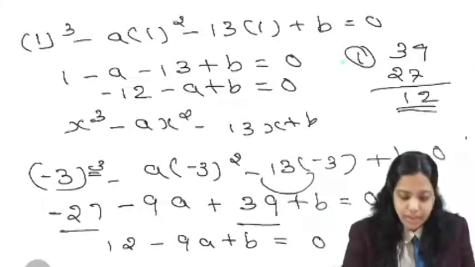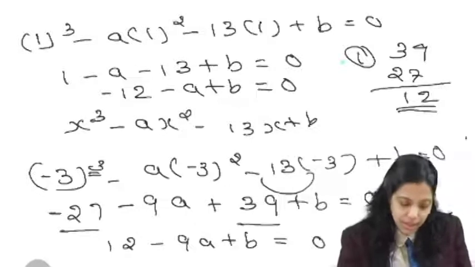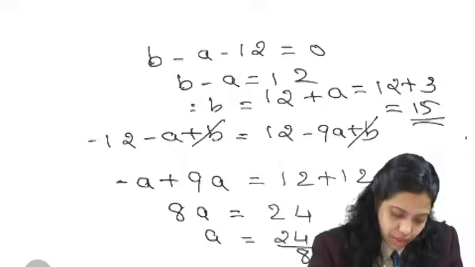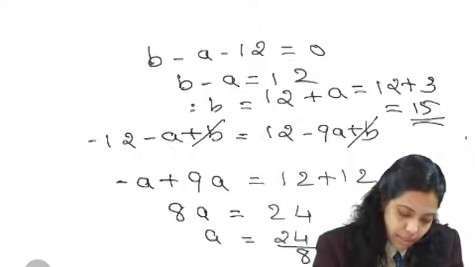Since the right hand sides are equal in equation number 1 and 2, we can equate the left hand sides. So here we are getting minus 12 minus a plus b equal to 12 minus 9a plus b.